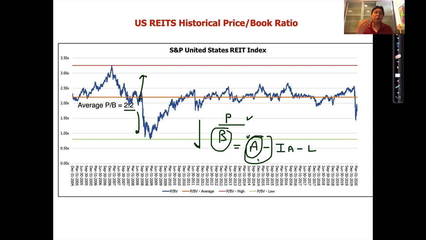So for example, if the REIT bought the property 10 years ago, the cost of the property is reflected in the asset and they deduct depreciation. By doing that, the book value of US REITs is much smaller than Singapore REITs. So when the book value shrinks, the price to book ratio rises. So long story short, it is because of accounting rules. That's why the way they calculate the price to book ratio is very different. Hence, you have a difference in the benchmarking.